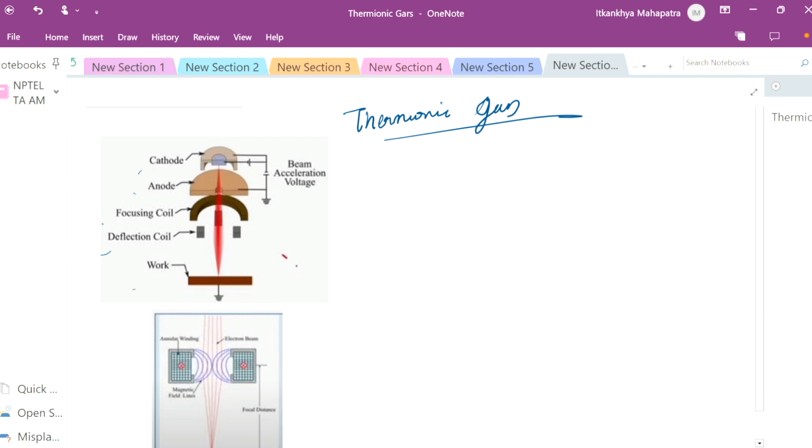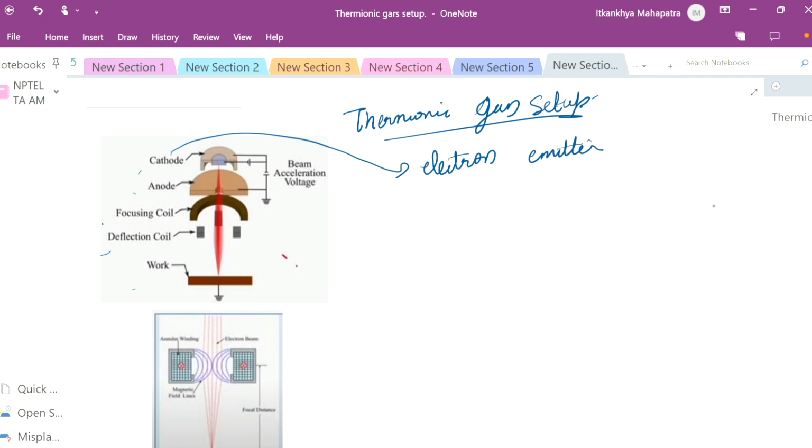Now this is the setup of the thermionic gun. Cathode is the electron emitter, made of tungsten or tantalum, which I also mentioned previously.